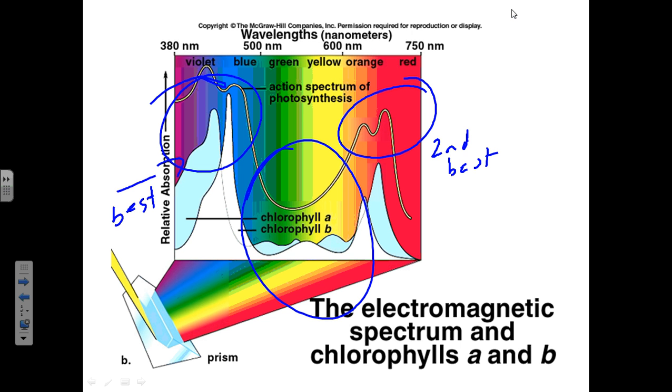Chlorophyll is not good at absorbing green, and that's why plants tend to be green, because they're reflecting green. We see what gets reflected. Plants are using the blues and the reds to do what process?